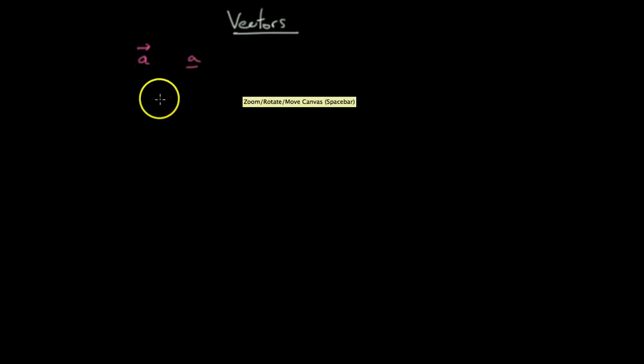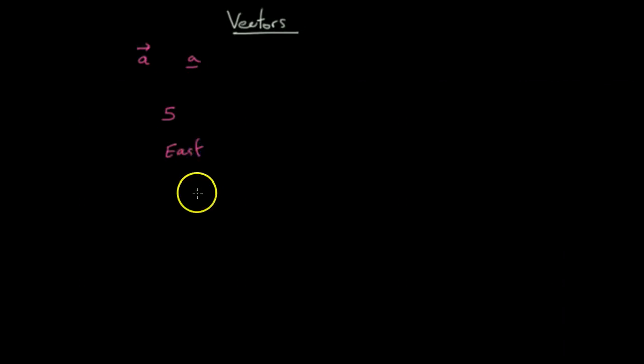And remember that vectors have the special property that they not only have magnitude, but they also have a direction. So if you just have a number 5, that cannot refer to a vector. Similarly, if you just have a direction, east, that can also not refer to a vector.